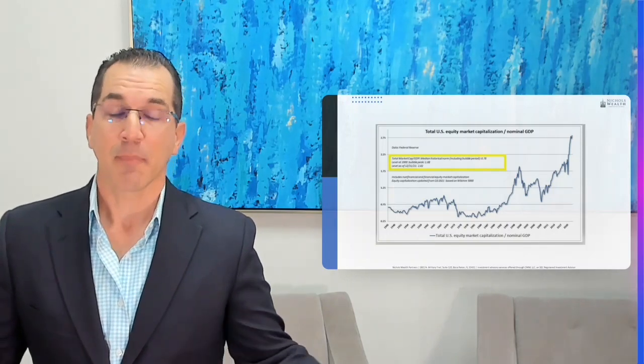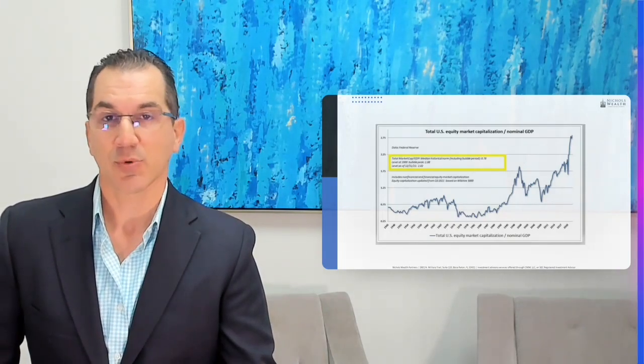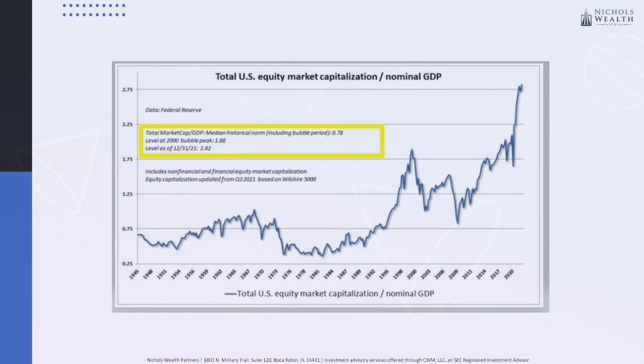But the past, as we often talk about, does tend to rhyme with the future. So it's important to have some context of where we are in the market cycle. So I just want to get back to this because this is important. Again, this ratio just helps us understand the total valuation of stocks on a relative basis. So according to this Buffett ratio, stocks are quite highly priced.